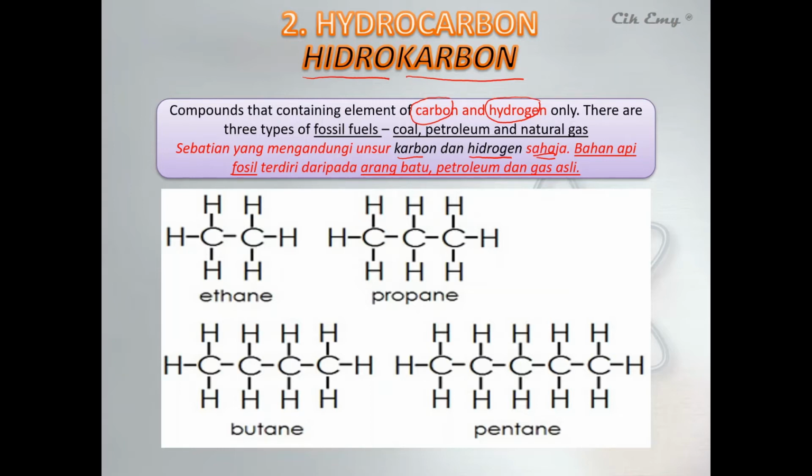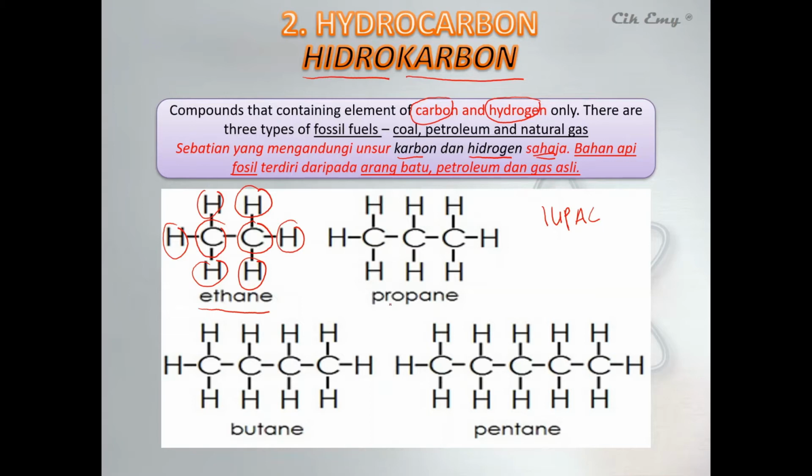So awak tengok kat sini examples of hydrocarbon. So you have ethane. Okay, ethane you have 2 carbon combined with hydrogen. Okay, awak boleh nampak kat sini ada carbon dan juga hidrogen saja. So secara IUPAC-nya, penamaan nama dia, awak tengok IUPAC tu adalah kaedah menamakan sebatian.